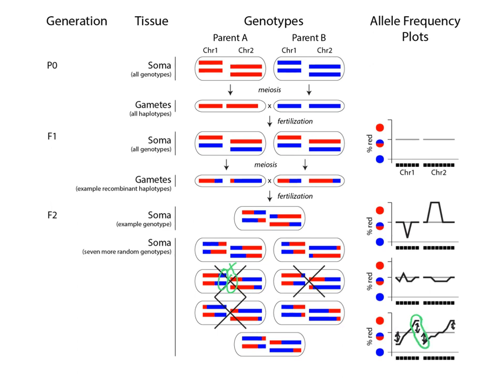So what you would expect to see if transmission ratio distortion is causing an incompatibility, and this is by no means proof of that, more experiments would need to be performed to prove that it's marker transmission ratio distortion that's causing a genetic incompatibility, but one trend is shown here. That's the homozygous blue and red is bad. So we see only red genotypes, a high peak there on chromosome 2, and only blue genotypes, or mostly blue genotypes, on the left end of chromosome 2.